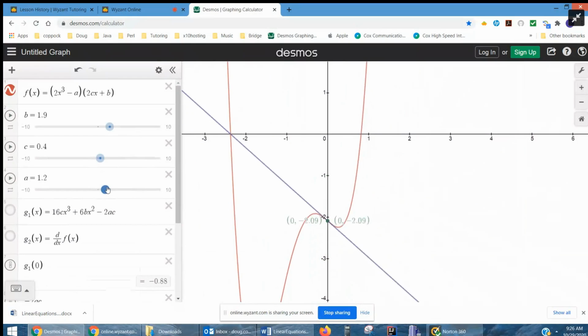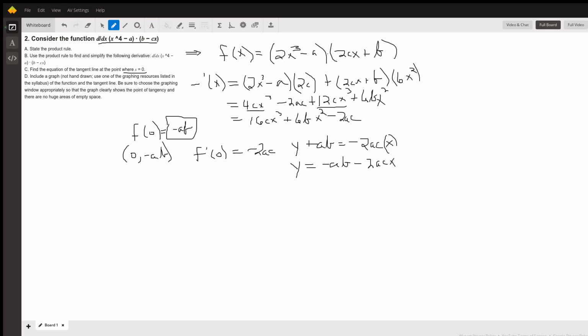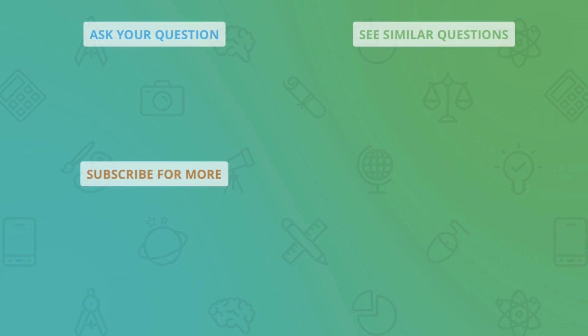But either way, that proves that this equation right here, y plus ab equals minus 2acx, is the equation of the tangent line at the point where x equals 0. So try the same technique on the original problem and see if you can end up with something good. I will include the link to the Desmos graph so you can maybe experiment there too. There you go.